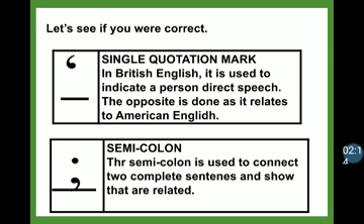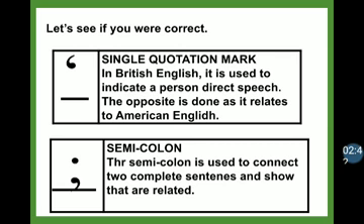the single quotation mark is used to indicate a person's direct speech. What do I mean by this? What a person said. The opposite is done as it relates to American English.